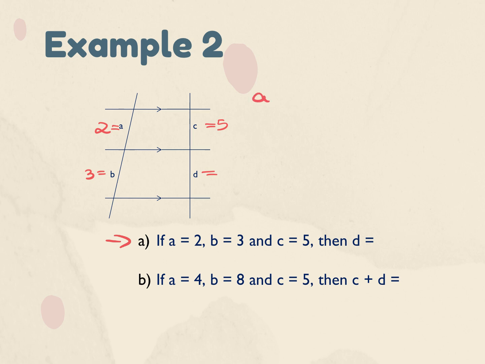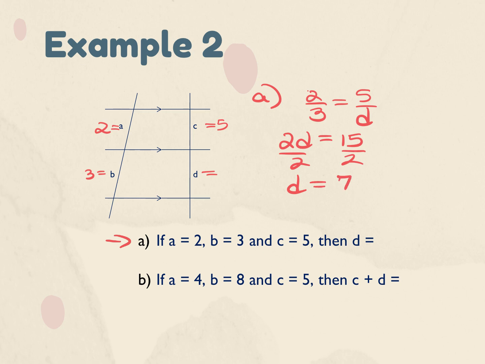So for part A, I'll do 2 over 3 is equal to 5 over D. I'll go ahead and cross multiply. 2 times D, 3 times 5, divide by 2, and D equals 7.5.